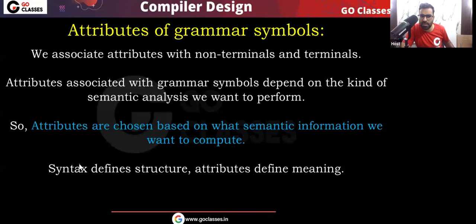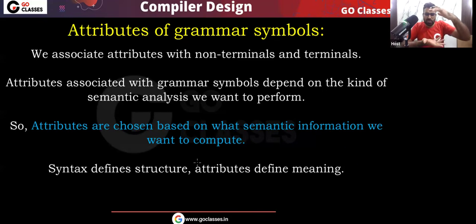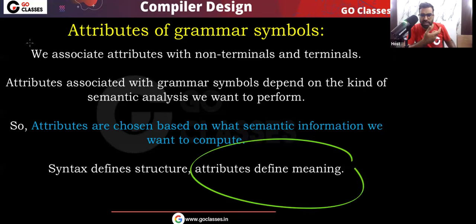So remember, the context-free grammar, the CFG, will define the syntax, or I can say syntax will define the structure, and attributes will define the meaning. So you have the context-free grammar. In that context-free grammar, with the grammar symbols, with the non-terminals, with the terminals, we associate attributes. These attributes will define the meaning.